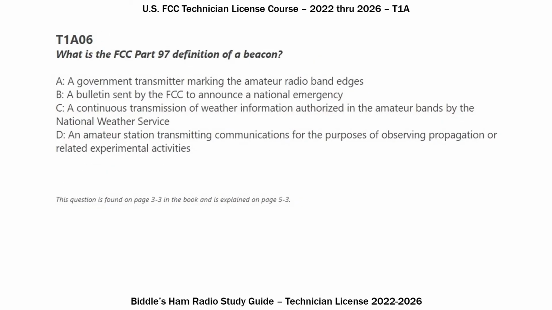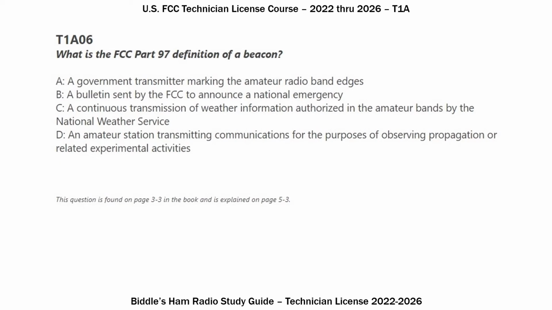Our next question, T1A06. What is the FCC Part 97 definition of a beacon? A, a government transmitter marking the amateur radio band edges. B, a bulletin sent by the FCC to announce a national emergency. C, a continuous transmission of weather information authorized in the amateur bands by the National Weather Service.